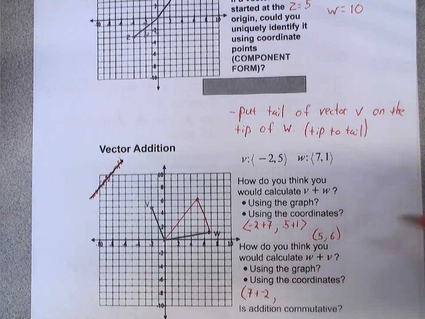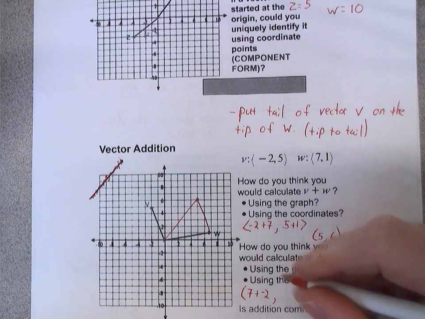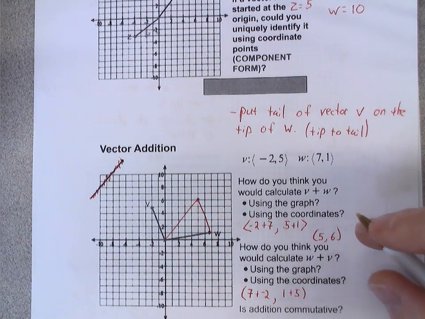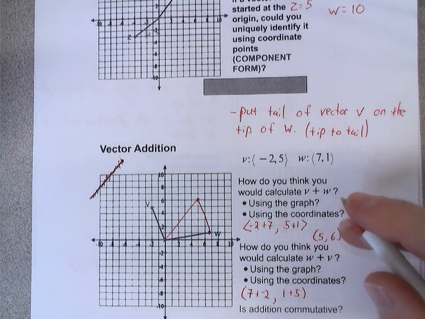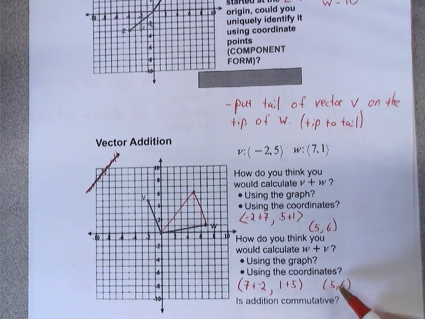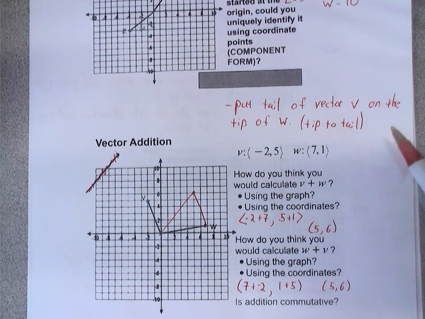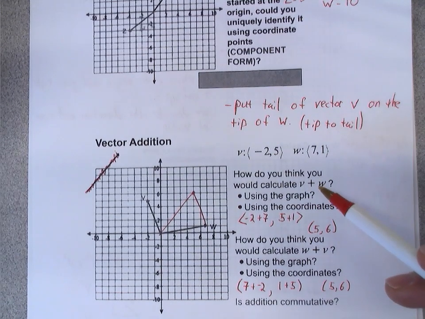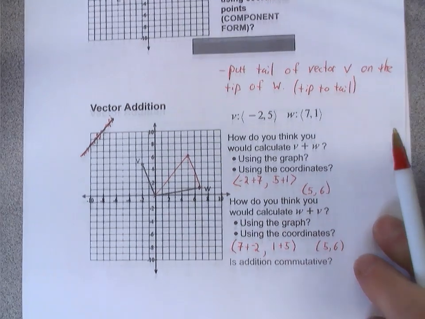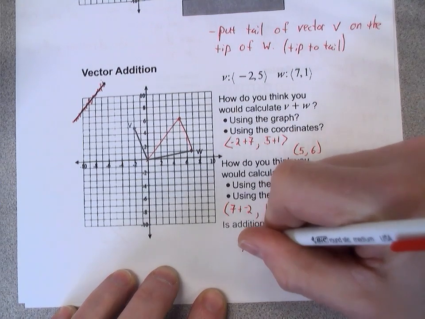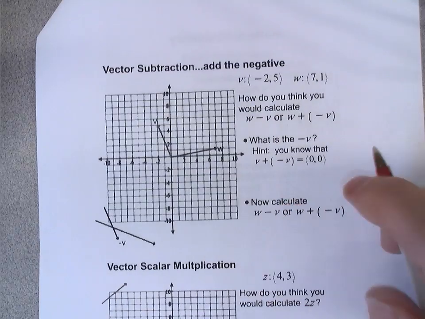And then for my other one, I'm going to take 1 and add it to 5. And you'll notice that when I do this, I still get the same answer. So you can see that addition is going to work both ways. It's kind of like if I add 3 to 5, I get 8, or if I add 5 to 3, I still get 8. So the question here is, is addition commutative? Absolutely, yes, 100%.